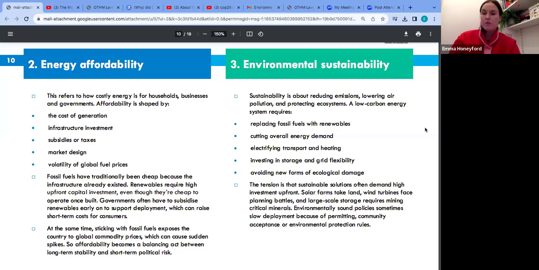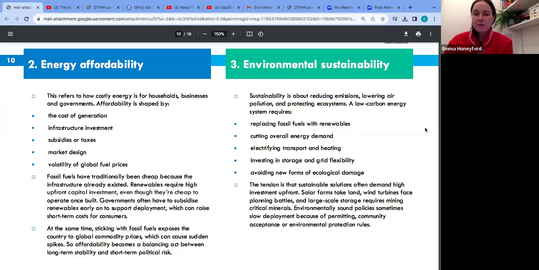To align to the Paris Agreement, we need a low carbon energy system, which requires replacing fossil fuels with renewables, cutting overall energy demand, electrifying transport and heating, investing in storage and grid flexibility, and avoiding new forms of ecological damage. We don't want to introduce a more sustainable energy but then swap one ecological problem for another. So we have to consider that as well.